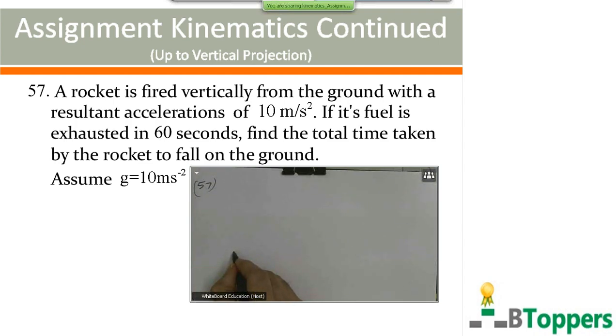Assume g equal to 10 meters per second square. Let us suppose the rocket starts from the point A with a resultant acceleration of 10 meters per second square. But assume that the rocket starts from rest from the ground.